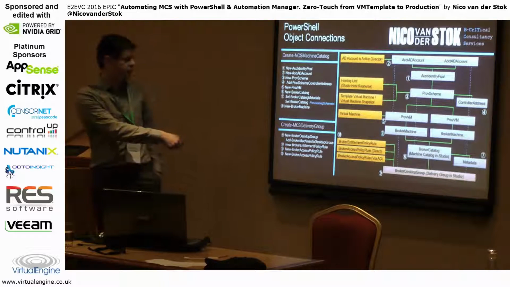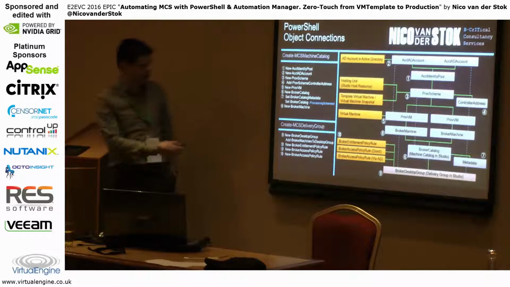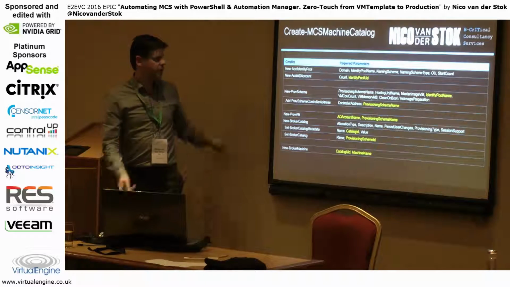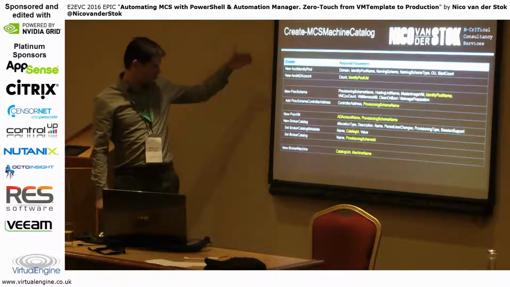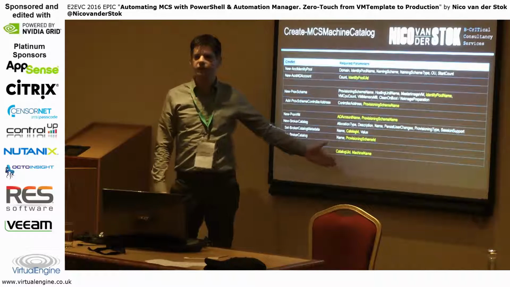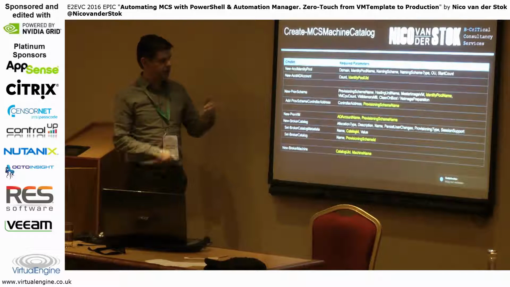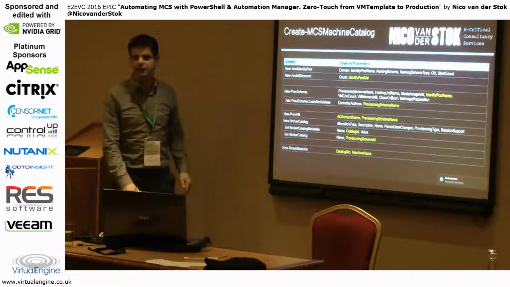Well, these are the commands you need to run to create the delivery group. I'm going a bit quickly over them because of time. After I figure this all out, I put all the commands and all the parameters I need to fill in a sheet, so I could stare at it on the right screen and on the left screen I could code it in PowerShell.